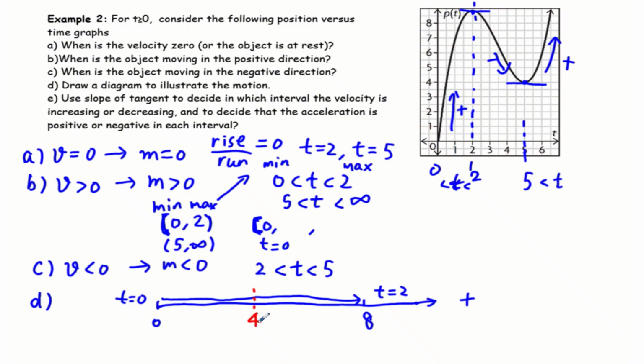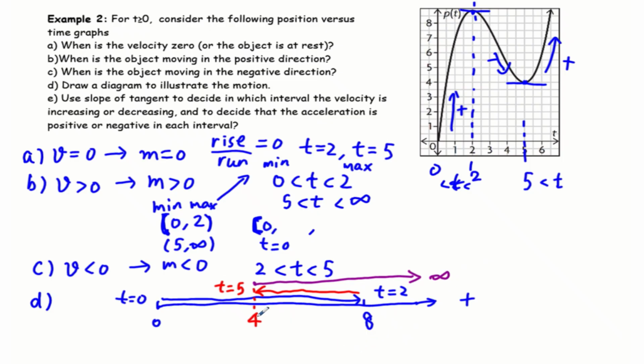From t equals 2, it walks backward, that is when the velocity is negative. At t equals 5, it stops here. Then after 5 it is going up, all the way to the right, positive direction, until infinity.